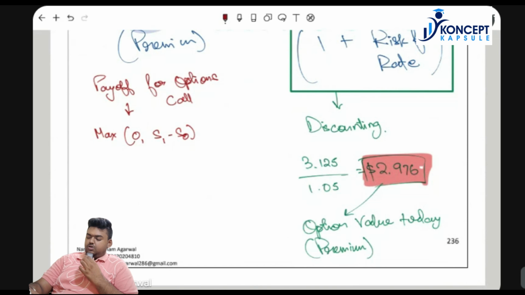What is S0? S0 is the strike price. What is S1? The price when the option is to be exercised.